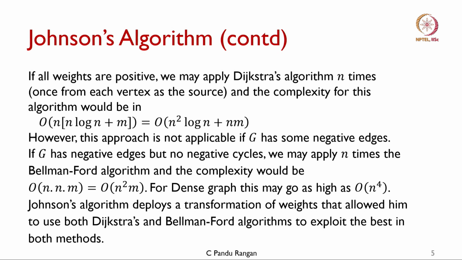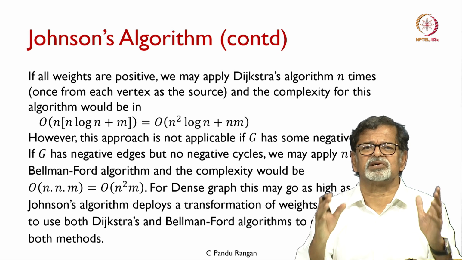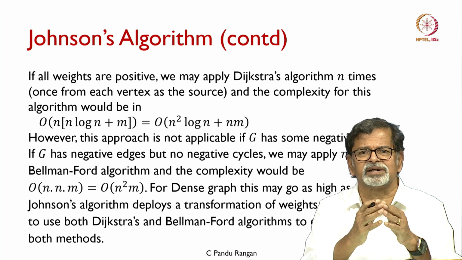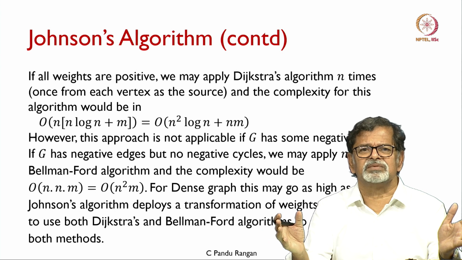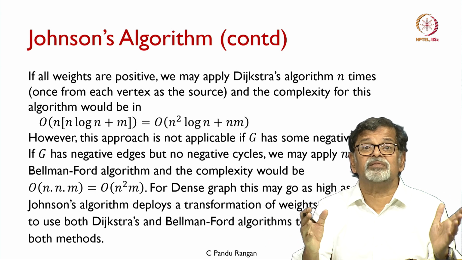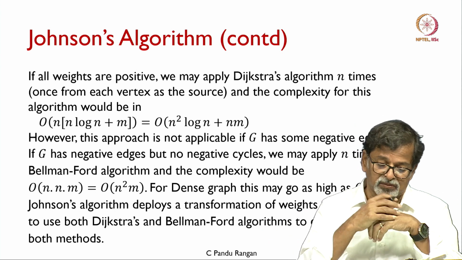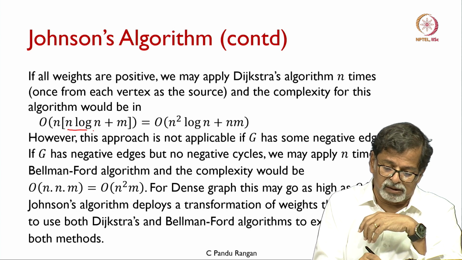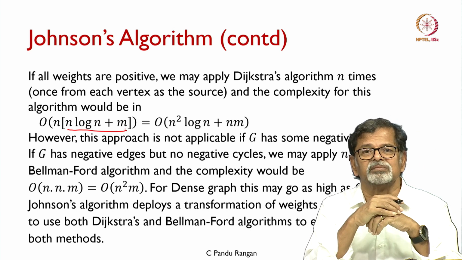First let us make one simple observation. Suppose all edge weights are positive. Then simply apply Dijkstra's algorithm n times, starting from each vertex as a source vertex. We have an implementation of Dijkstra's algorithm with complexity n log n plus m.